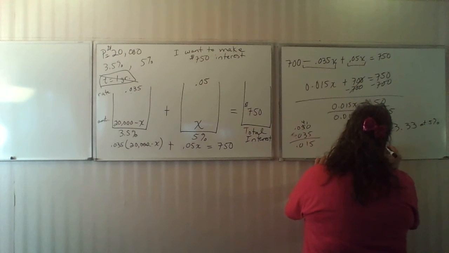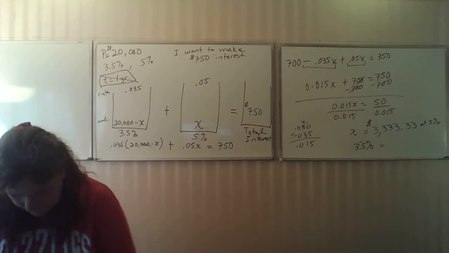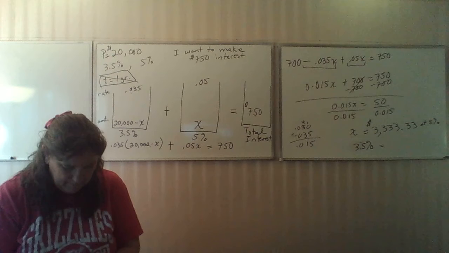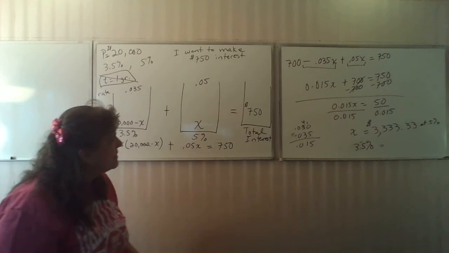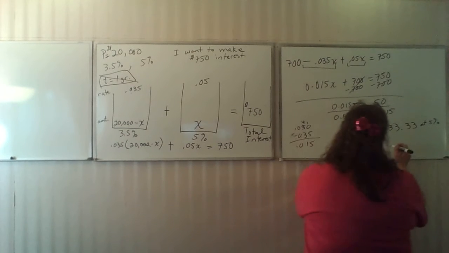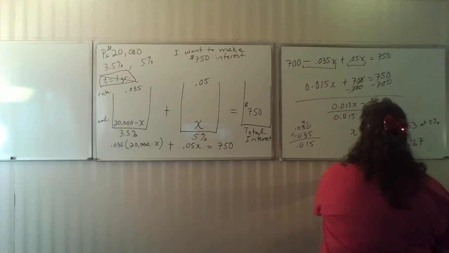3.5% is going to be my 10,000 minus that number. And that's going to be 6,000.67. Okay?